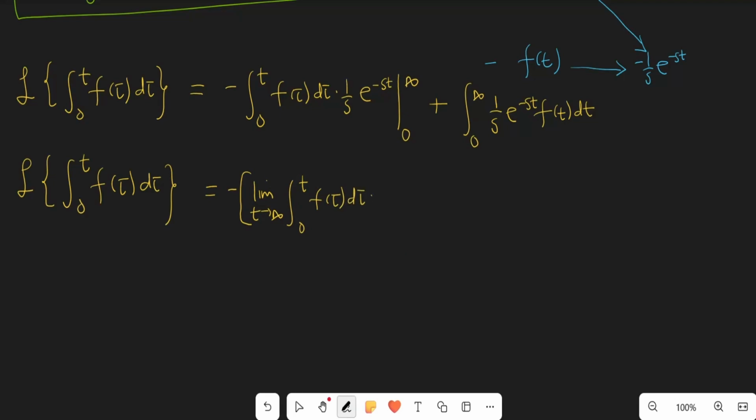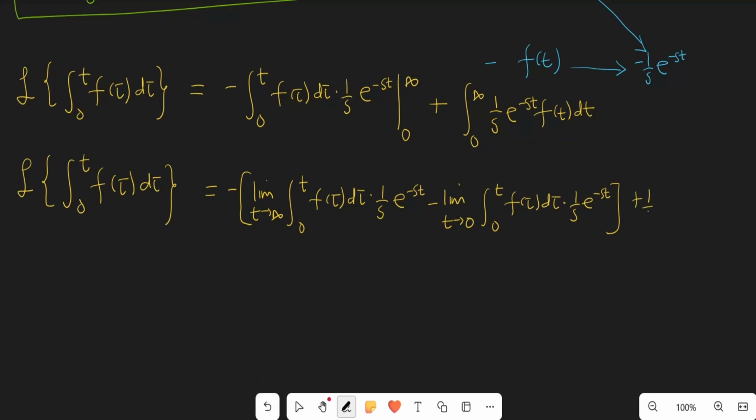Right, and this is multiplied by 1 over s e to the negative st. This is the upper limit minus the lower limit. We are going to take the limit as t goes to 0 of the integral from 0 to t of f of tau d tau, multiplied by 1 over s e to the negative st. So this is the limit, and then we are going to add this integral.